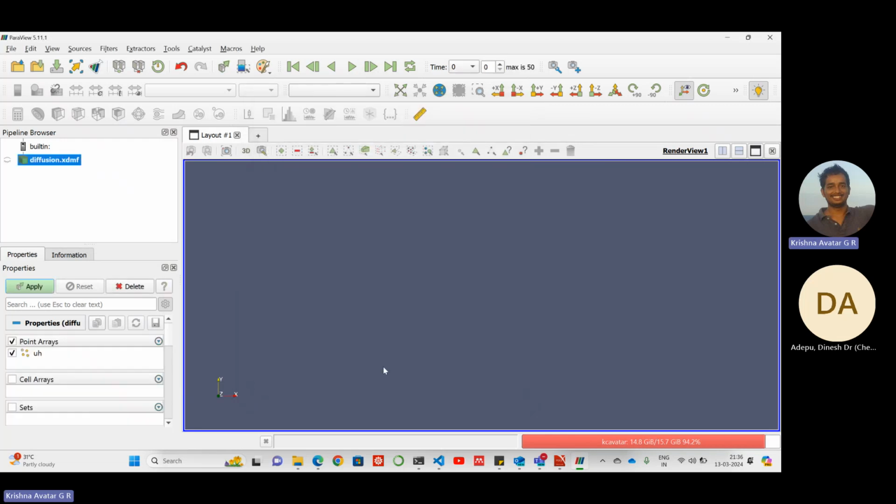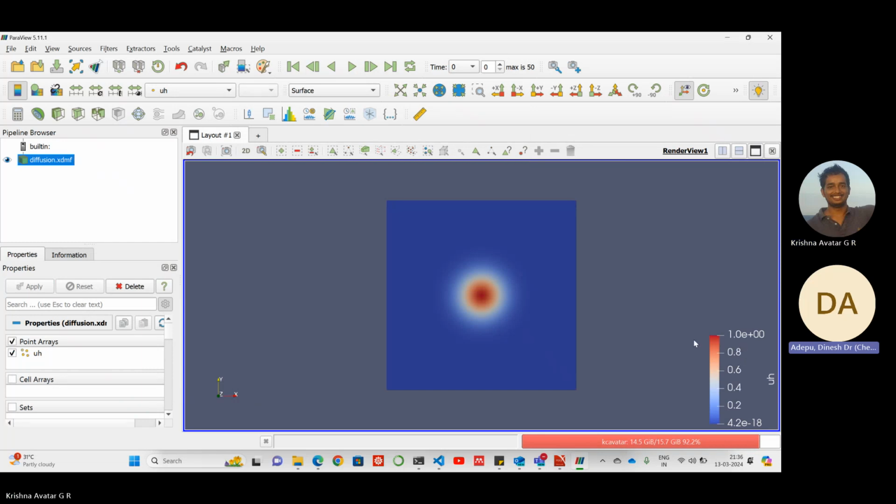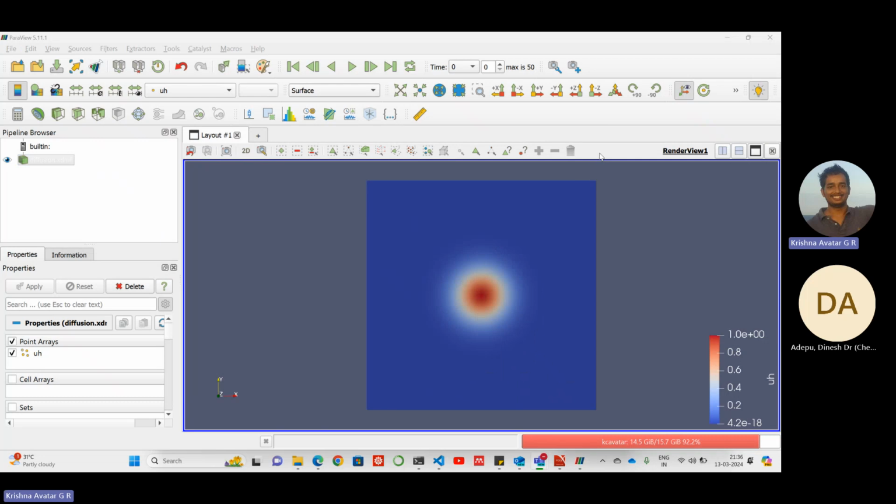Let's use some reader, apply. See? Yeah. Let's zoom in, and then go frame by frame. Next frame, see, so this is how it's diffusing fast.